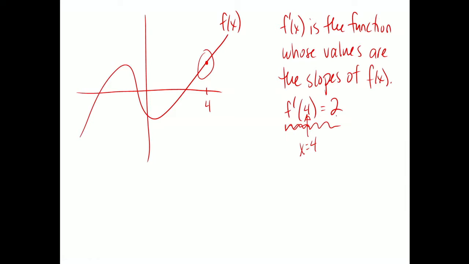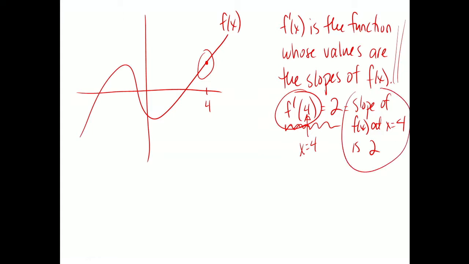The derivative simply tells you about the slope of the graph of f. So in particular, f prime of 4 equals 2 is really saying that the slope of the graph of f of x at whatever x value I named, which happened to be 4, I just made that up, is 2. That's the interpretation of what that is.